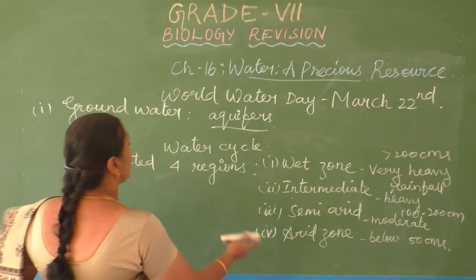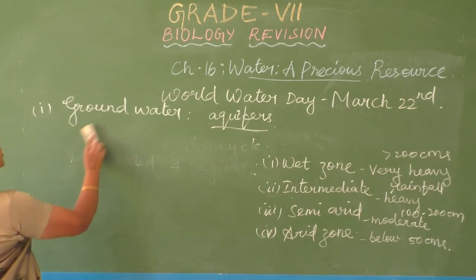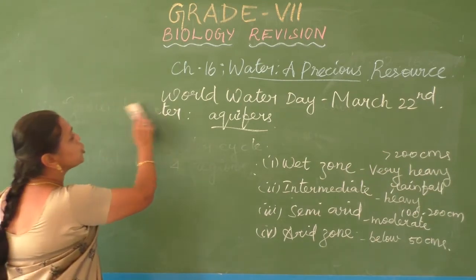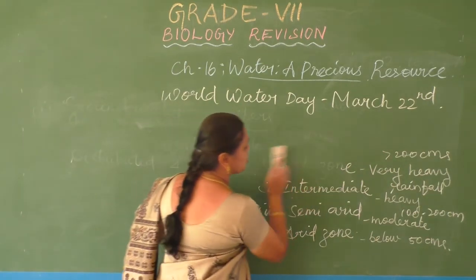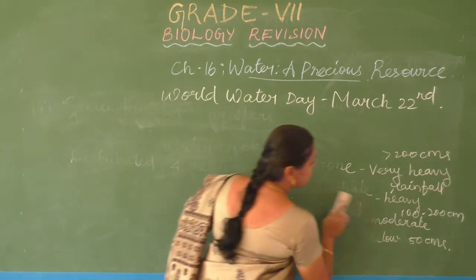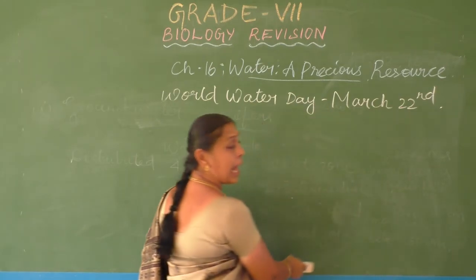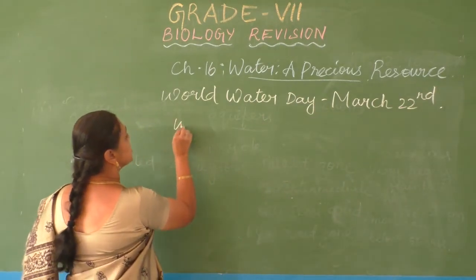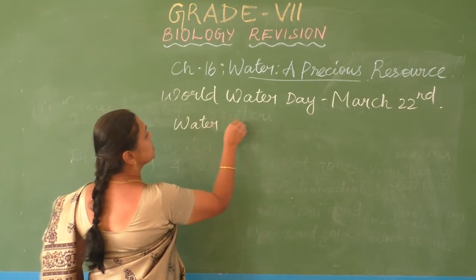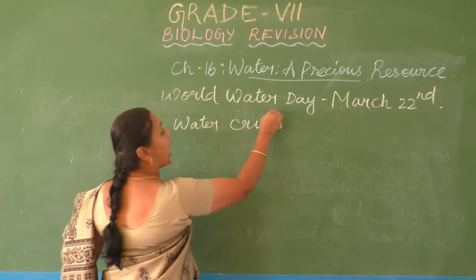Next one, we receive the rainfall and we should take steps to store these rainwater for the future use. Or else, what will happen? Water crisis will arise. What is this water crisis?